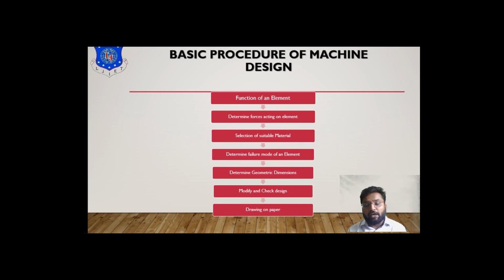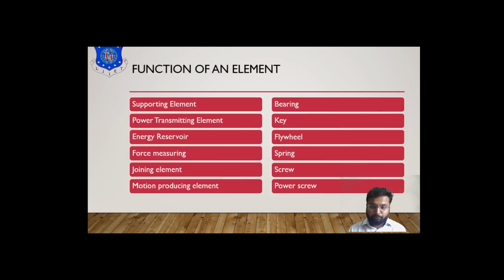Based on that, we determine the geometry and dimensions of the component, and finally, depending on the geometry and dimensions, we can make modifications for the assembly of our component, and after that we can have our model, drafting or drawing on paper.